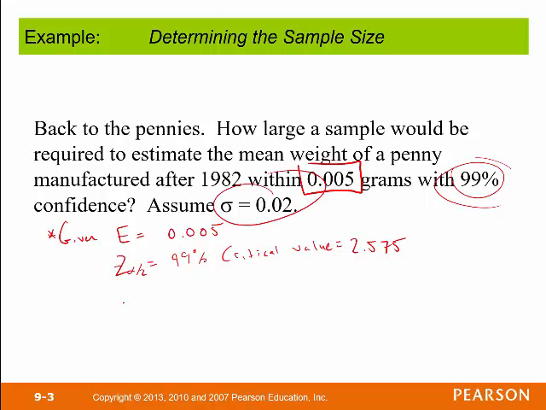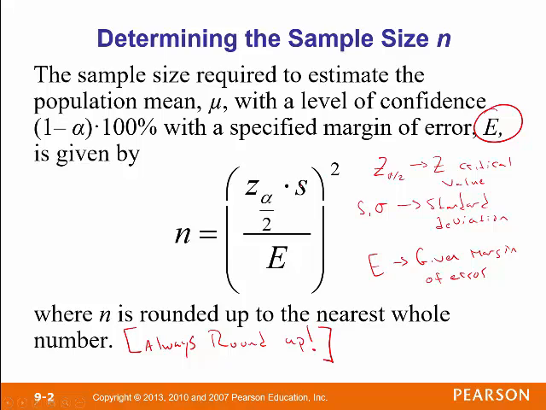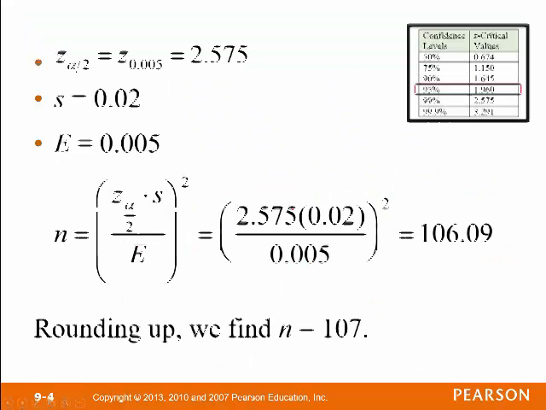And then you're given sigma, the standard deviation. So look, E, z of alpha divided by 2, and sigma. Here it's S or sigma. You're given all 3. So this is just a plug into the calculator and solve problem.